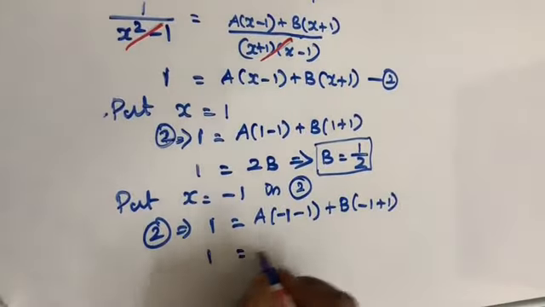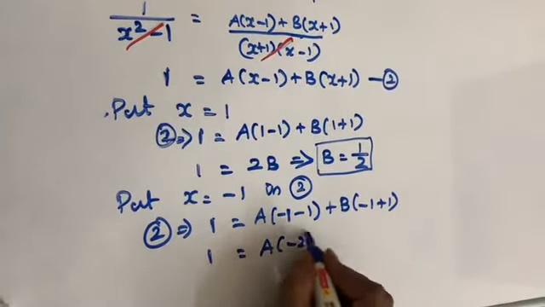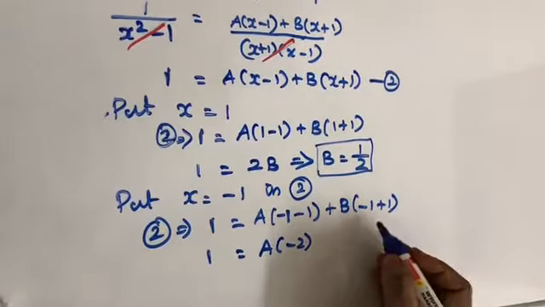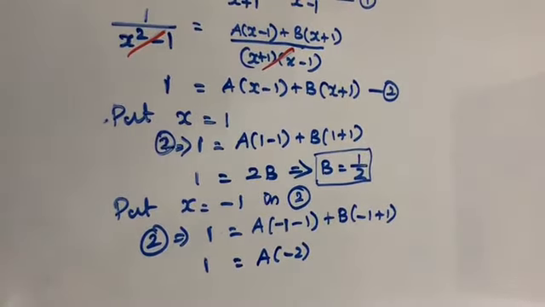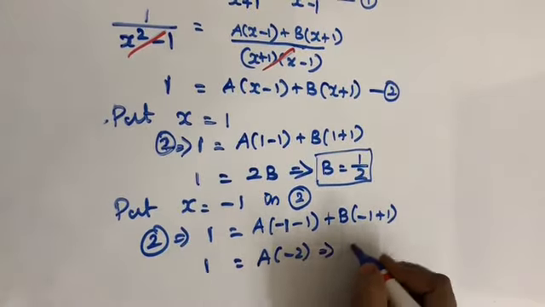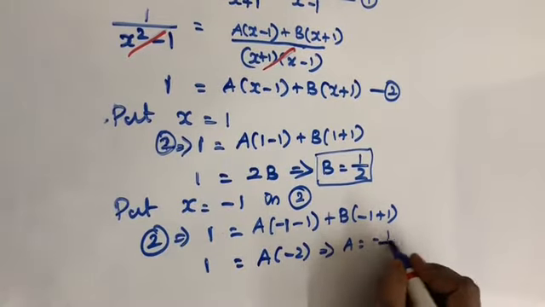So 1 is equal to a into minus 2. Here this term will become 0. Minus 1 plus 1, it is 0. That implies a is equal to minus 1 by 2.